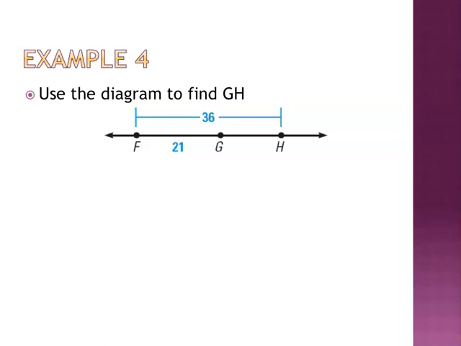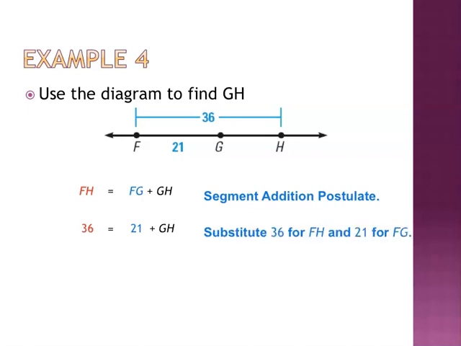So FH is equal to FG plus GH by the segment addition postulate. And then we know FH is equal to 36 and FG is equal to 21. So we'll go ahead and substitute. And now we can solve by subtracting 21 from both sides, and that gives us GH is equal to 15.